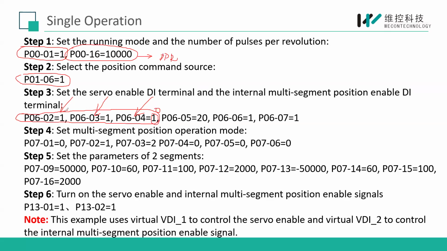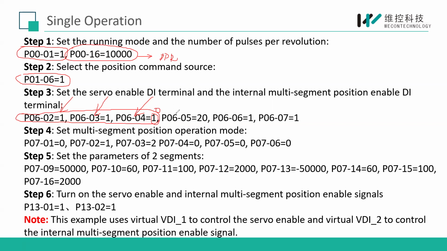So if you don't have a PLC, for example, you only have an HMI, you can set it like this. Set the DI terminal with virtual input, and use the HMI to change the virtual DI status through Modbus RS485.